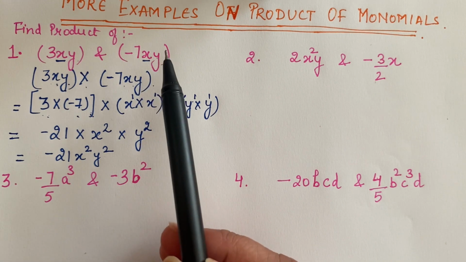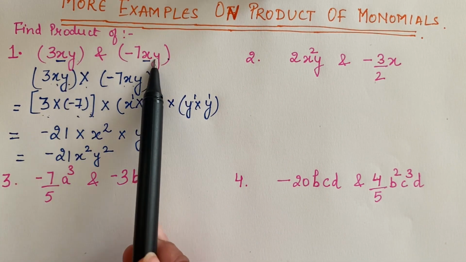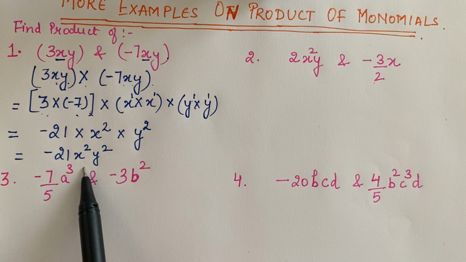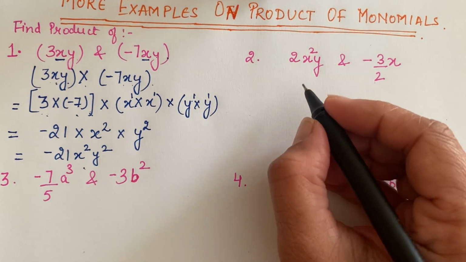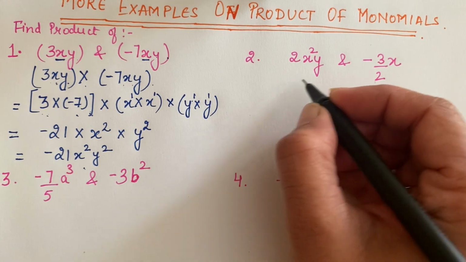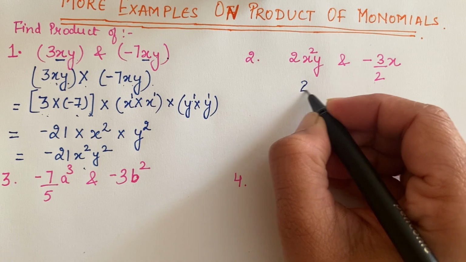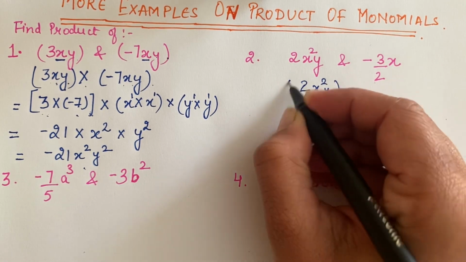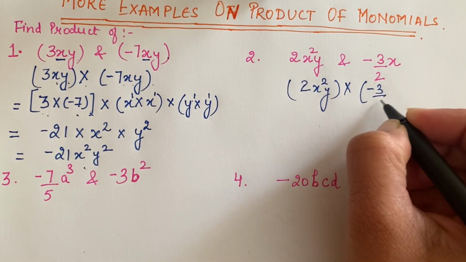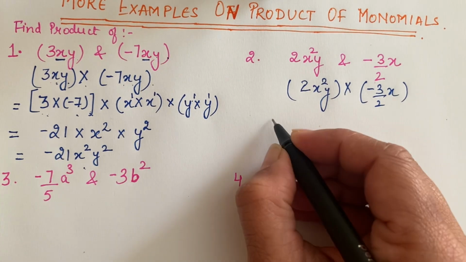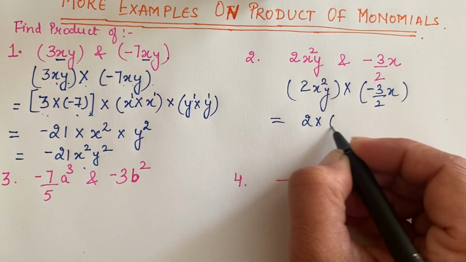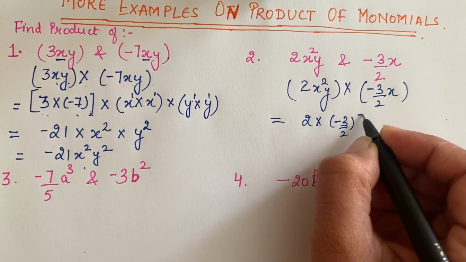Dear students, please note that the product of two monomials will again be a monomial only. Okay, let us do a few more examples. 2x square y into minus 3 by 2x, right? Now I'll be writing the coefficients in one bracket.